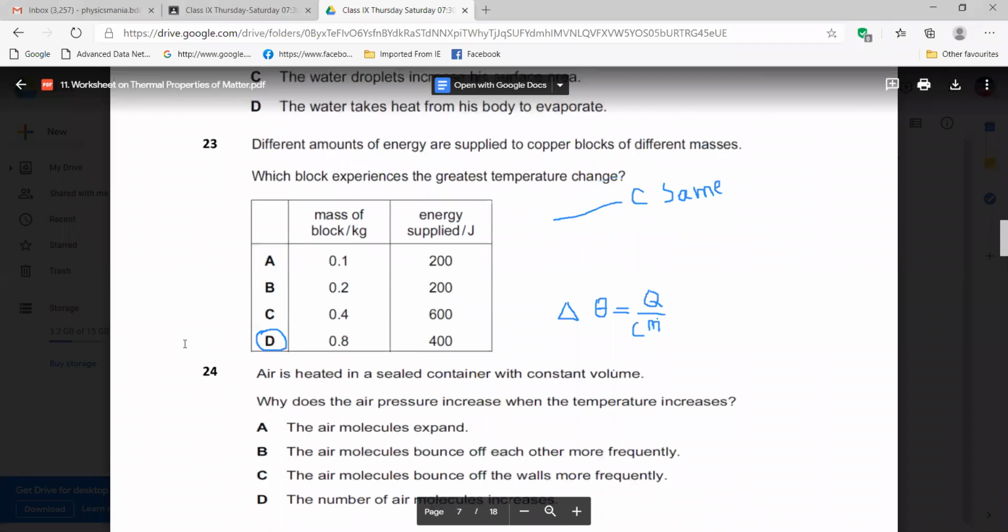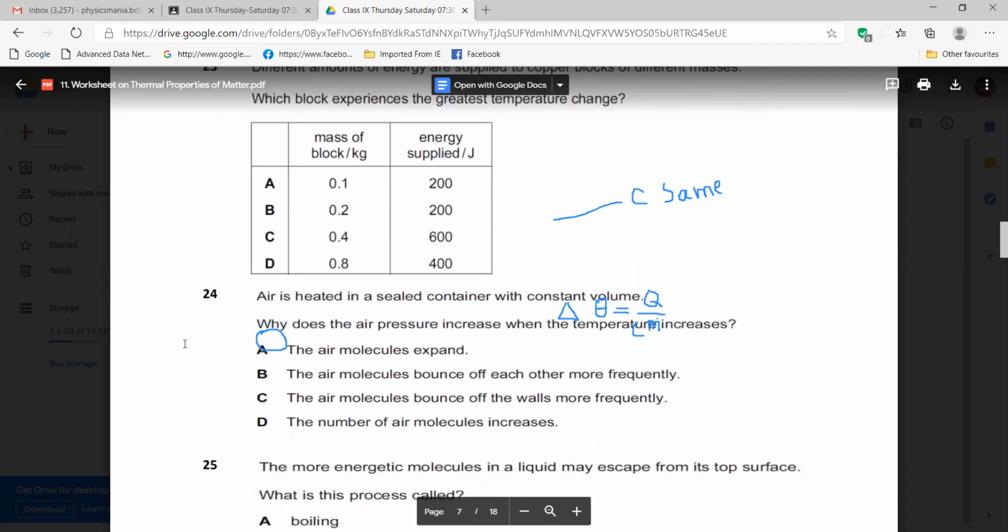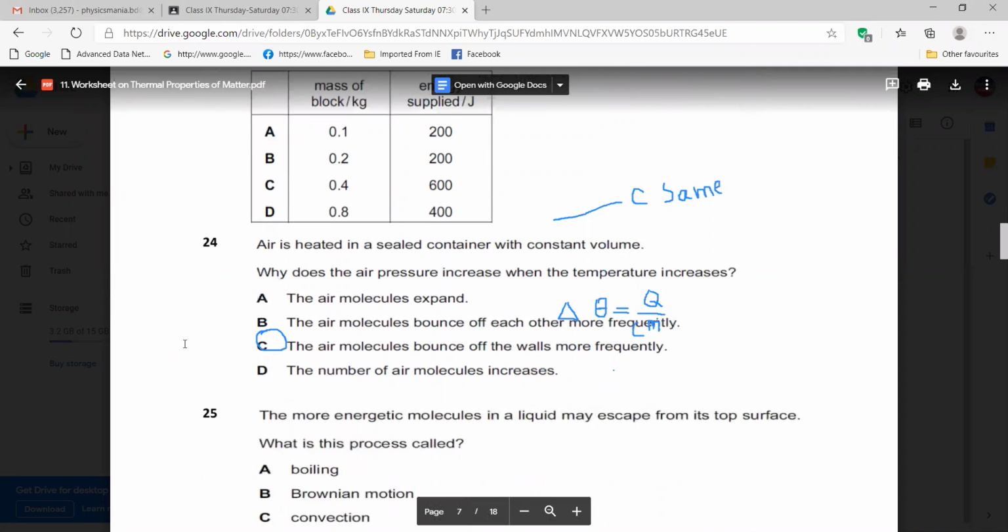The problem is you don't want to do hard labor. If you are spoon fed, then you can find it, right? Okay, then 24.